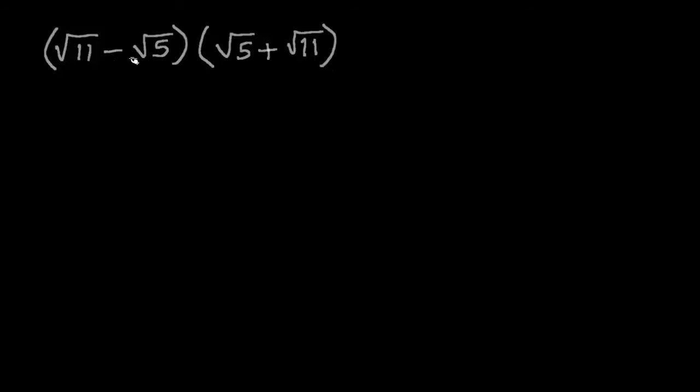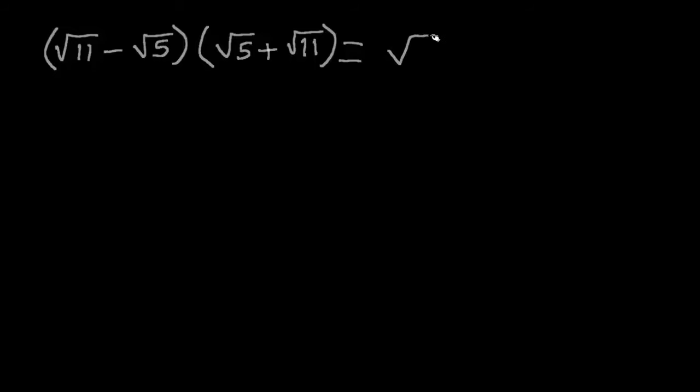Square root of 11 minus square root of 5 multiplied by square root of 5 plus square root of 11. As we can see, this is related to the identity a minus b into a plus b is equal to a square minus b square.